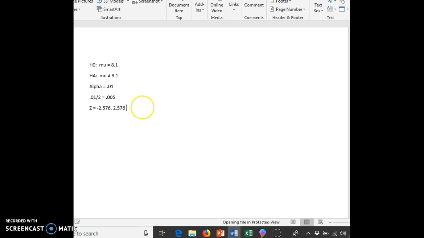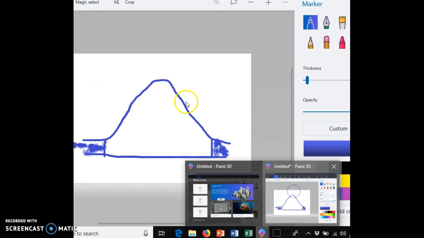Now be careful when putting these critical values into your homework. Sometimes the plus and minus will already be sitting in front of it, so all you've got to do is type in 2.576. All right, now let's look at a picture of what a two-tailed test looks like. I've drawn this here.